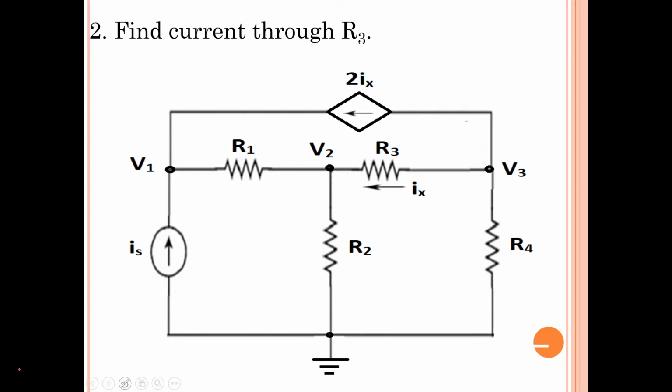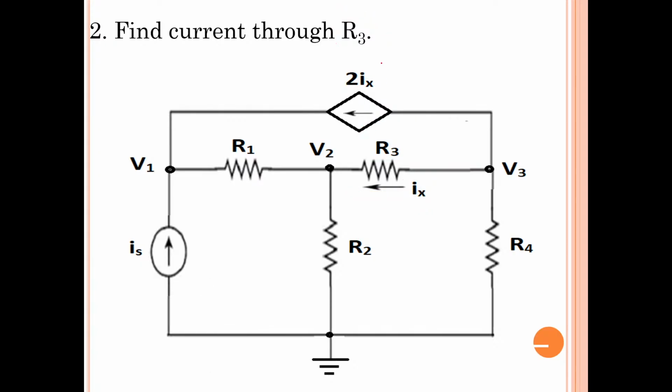Okay. So this is a dependent source numerical problem. You can see we have to find the current through R3. Where is R3? R3 is here. We have to determine the current flowing through R3. They have given a notation for the current, Ix. Current flowing through R3 is Ix.